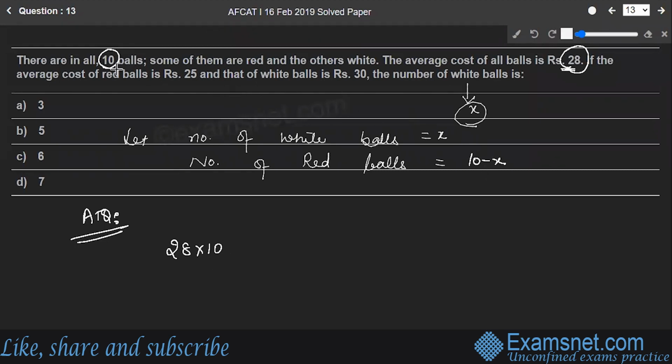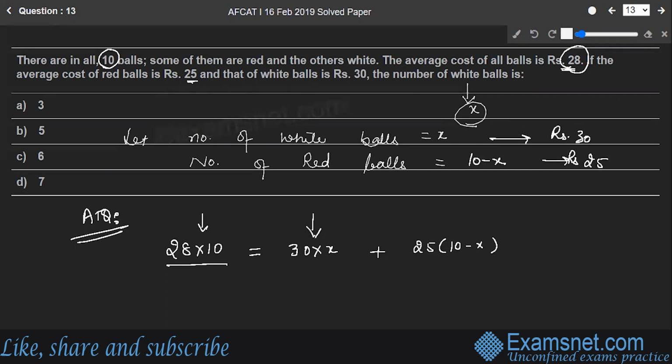The average cost of red balls is 25, and white balls average cost is 30 rupees. So this whole cost is equal to 30 multiplied by x plus 25 multiplied by 10 minus x. Correct? Because this is the total cost. This is the cost of white balls. This is the cost of red balls. Total cost of white balls plus red balls.